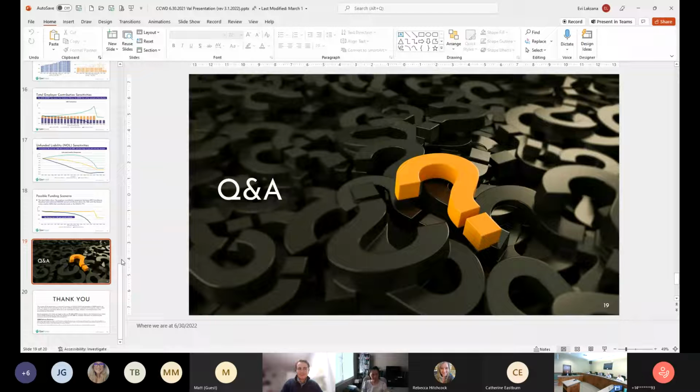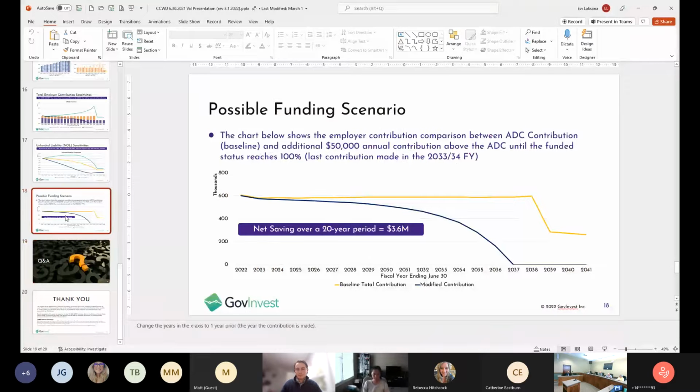I just had one question about a possible funding scenario. If we had an additional $50,000 annual contribution above the ADC, can we even think about that? Well, that's the point I was just making. In the past, up until this fiscal year, we've been paying $500,000 or $600,000 more than the ADC.